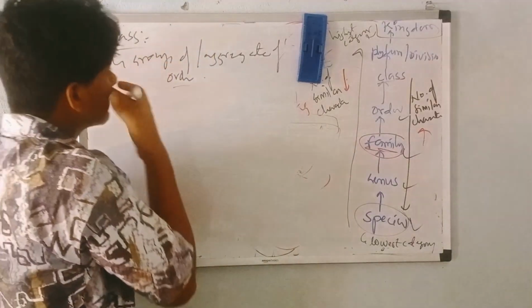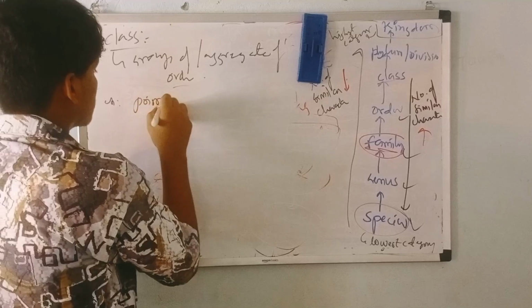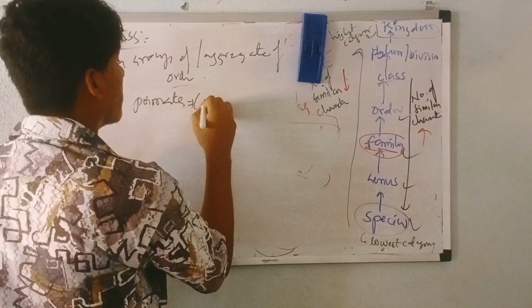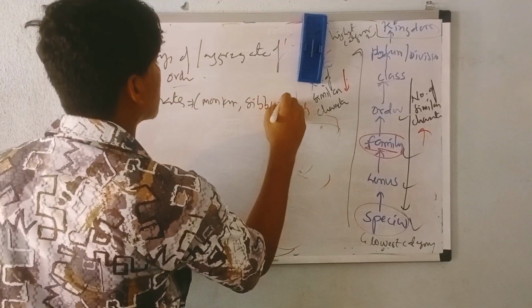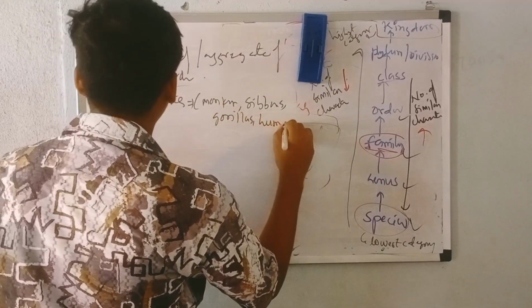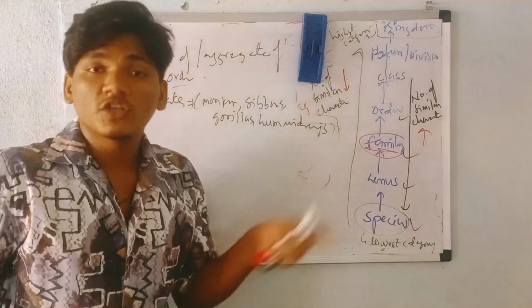If you see in your NCERT, I mentioned the order Primata. Primata includes monkeys, gibbons, gorillas, and human beings also come under the order Primata.